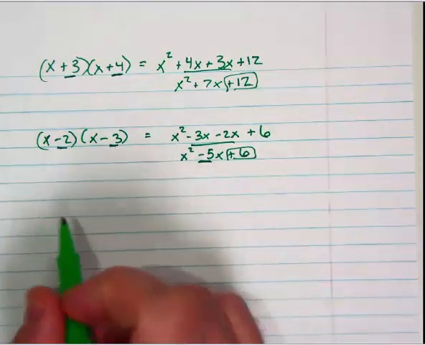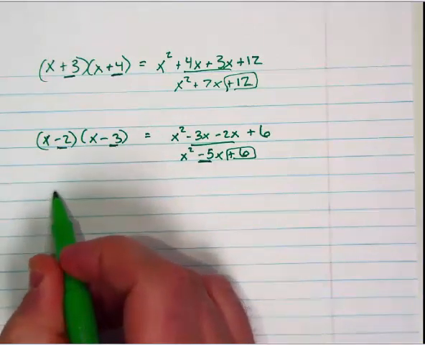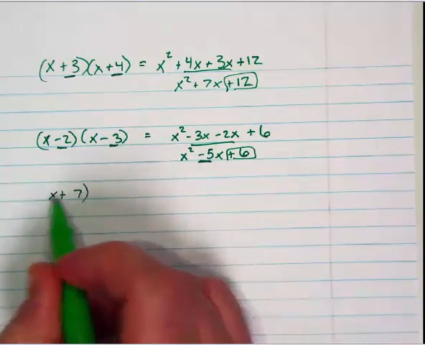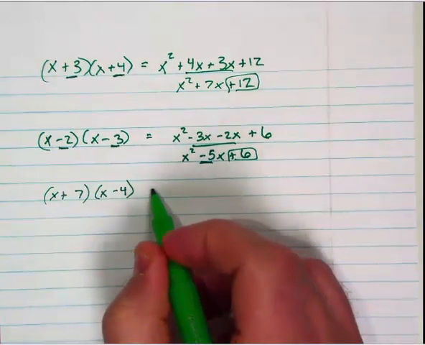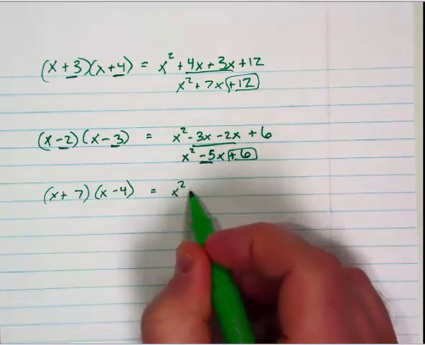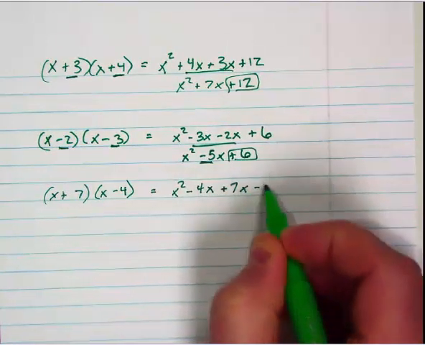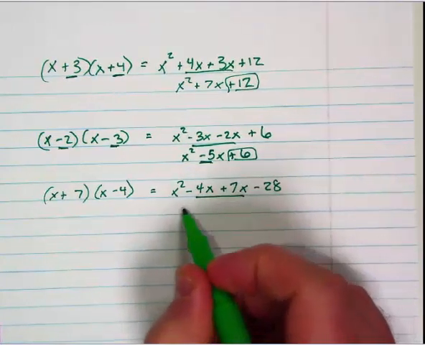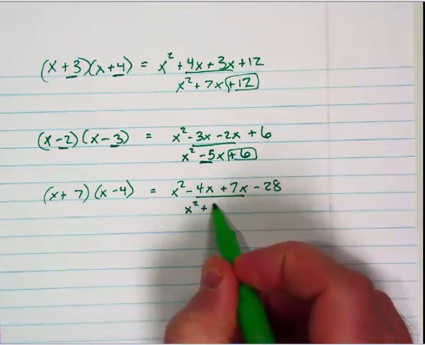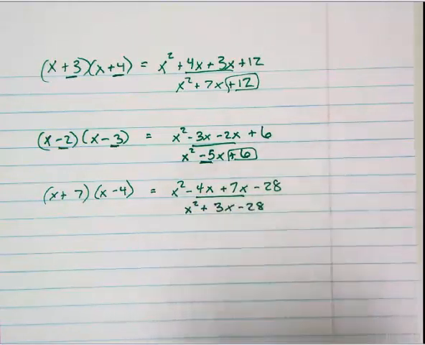So if we continue looking at it like that, if I was to do something like, I don't know, x plus 7 times x minus 4, that would give me x squared minus 4x plus 7x minus 28. These go together and I get x squared plus 3x minus 28.